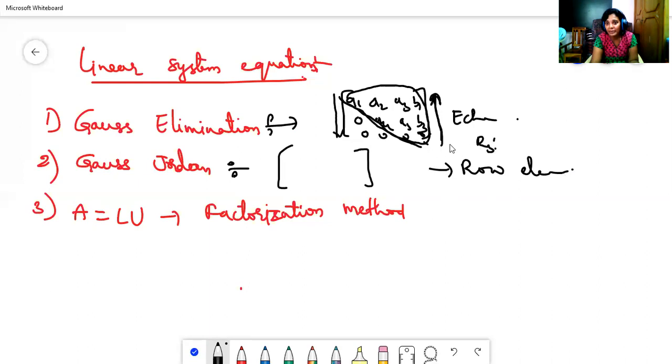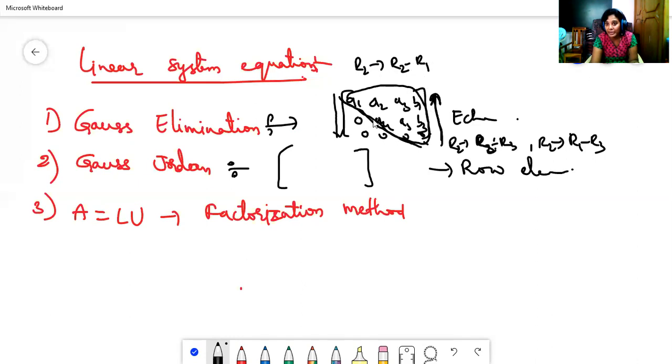Next, R2 becomes R2 minus R3, and R1 becomes R1 minus R3, that we are using. For echelon form, we use R2 into R2 minus R1. We use multiples of a constant, or addition, subtraction, using algebraic operations.